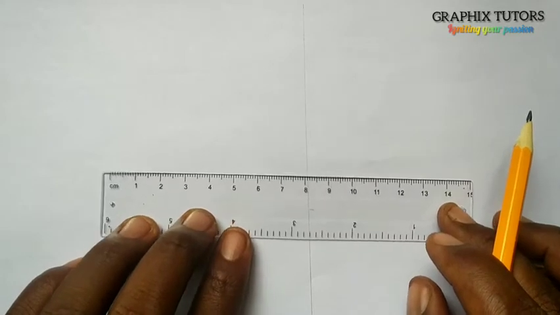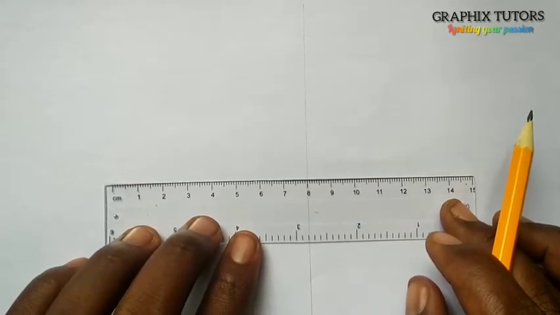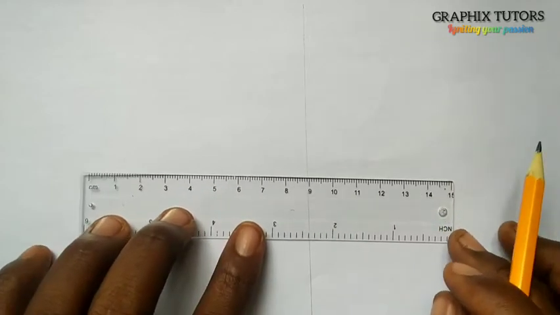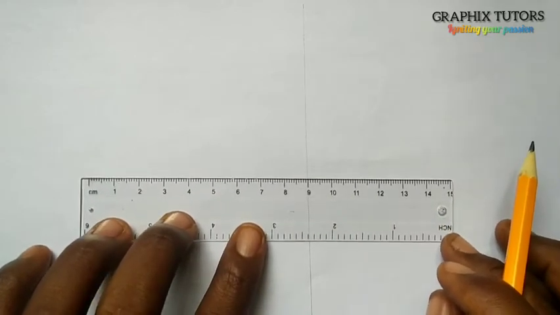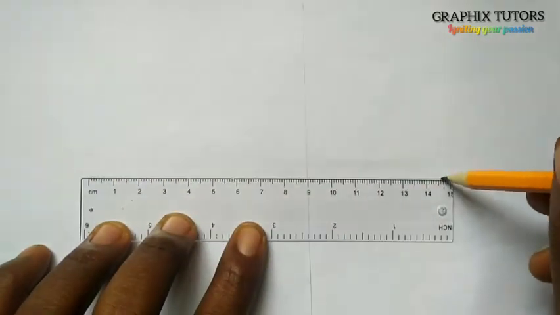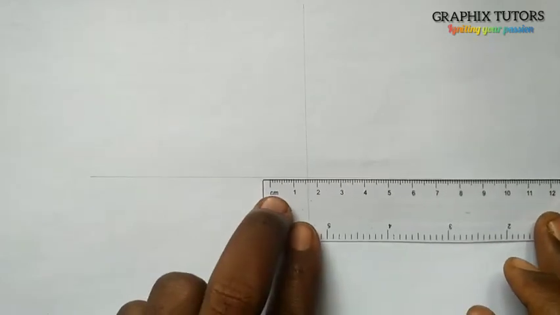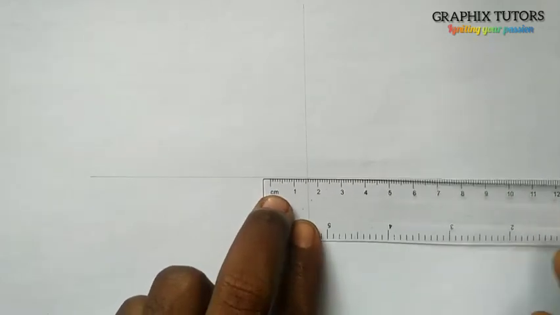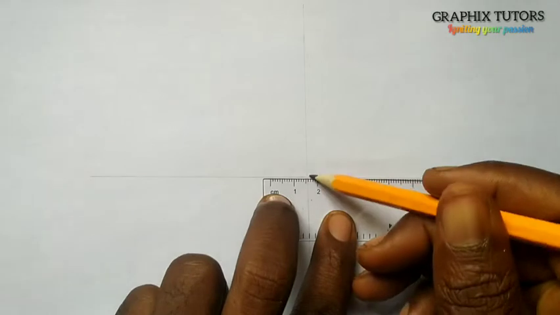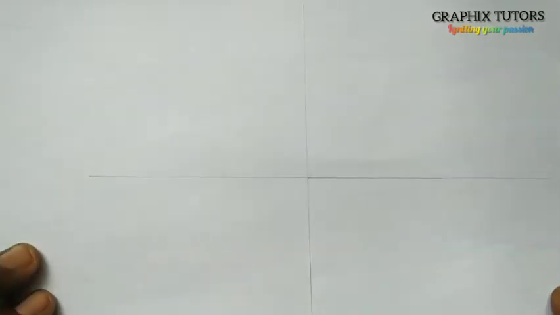Vertical and horizontal line, we'll have this. Now when you do that, you've gotten your 4 cardinal points.